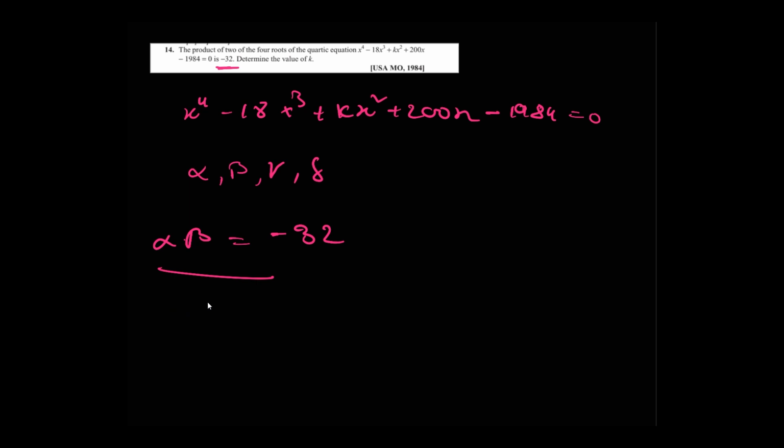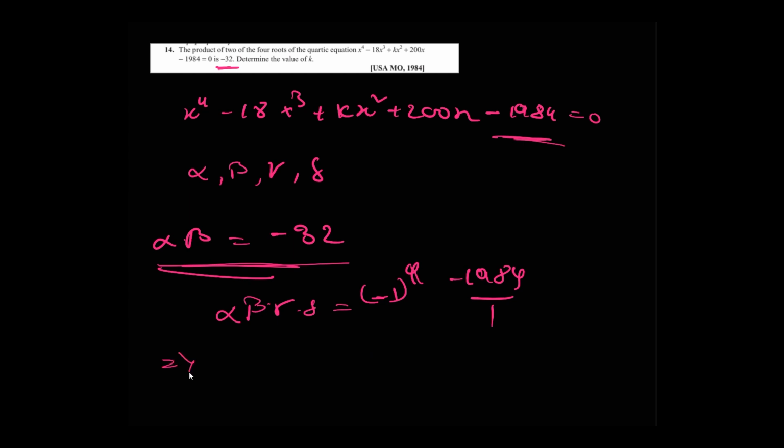Now from this, we know that the product of roots alpha into beta into gamma into delta will be minus 1 whole power 4 into minus 1984 by 1. That means minus 32 gamma delta will be minus 1984. That means gamma delta will be 62.